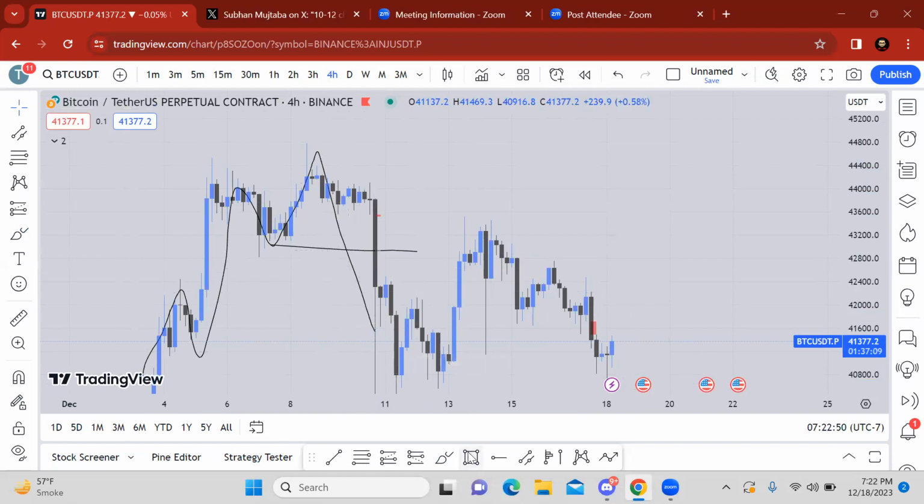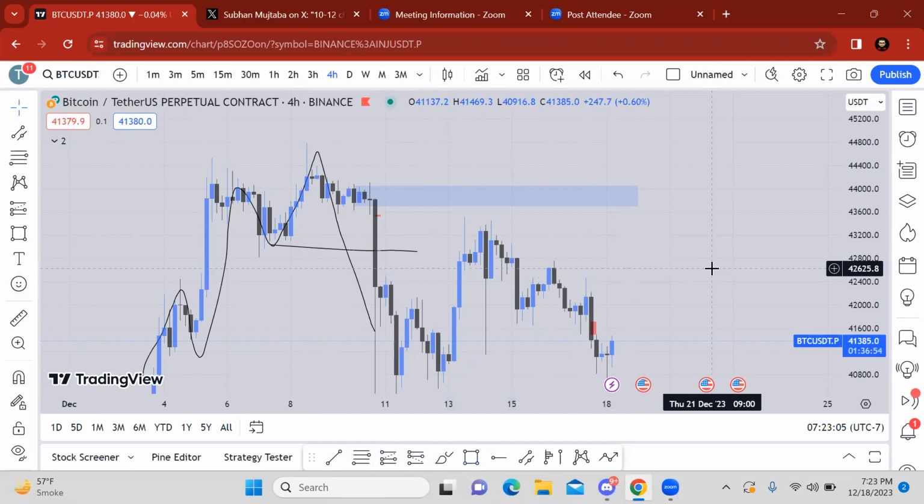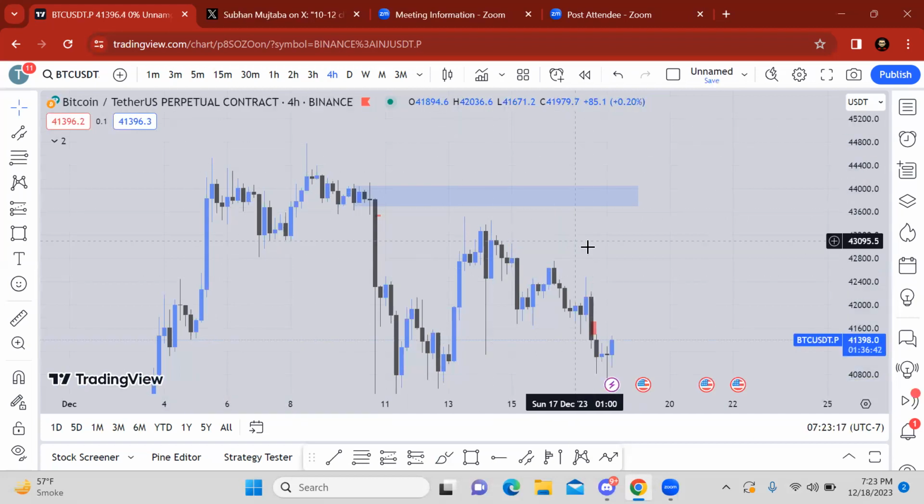So basically we have two, three things to watch out for entries. There is a fair value gap here, FVG. Another thing I have to mark is the order block. Now mostly, there are two, three kinds of traders in the market right now. Some people use order blocks, like I did.